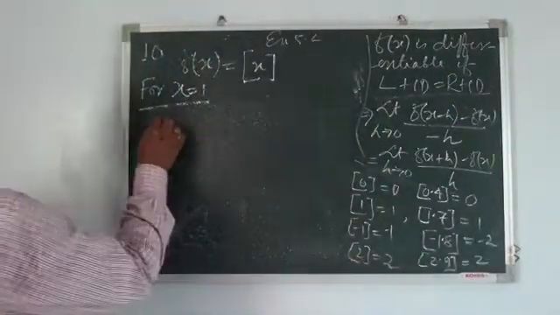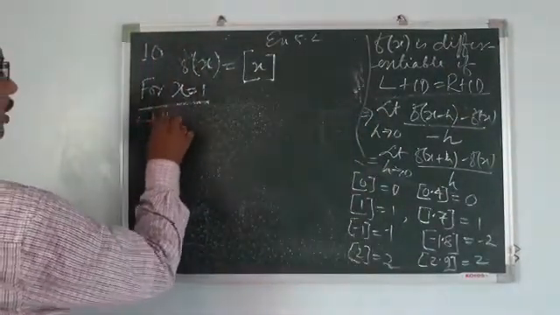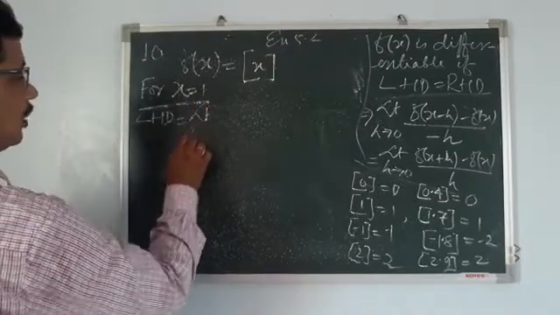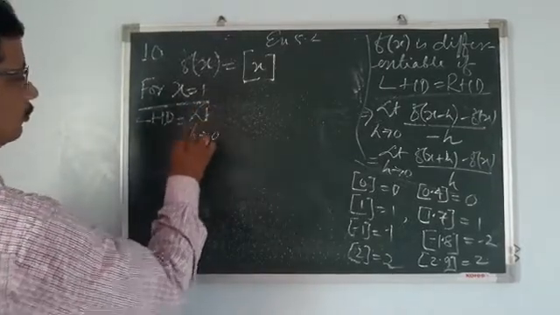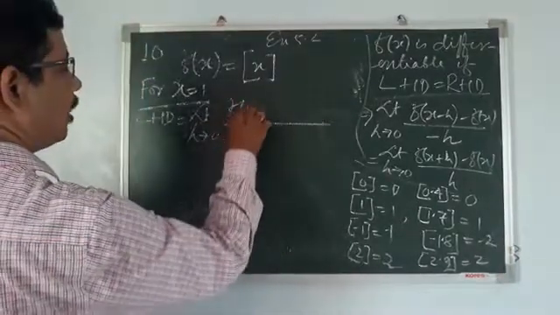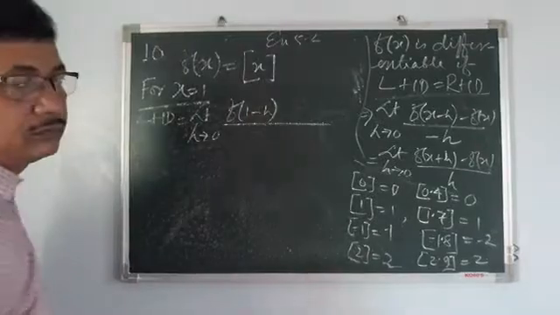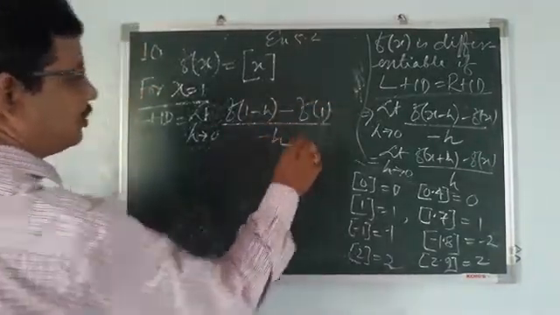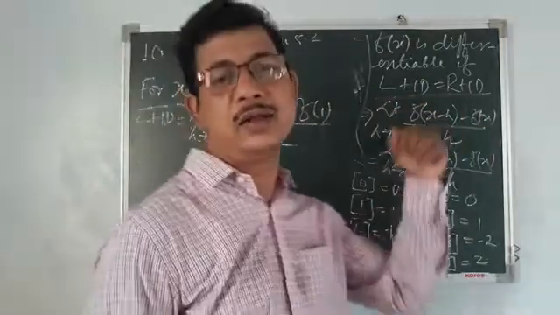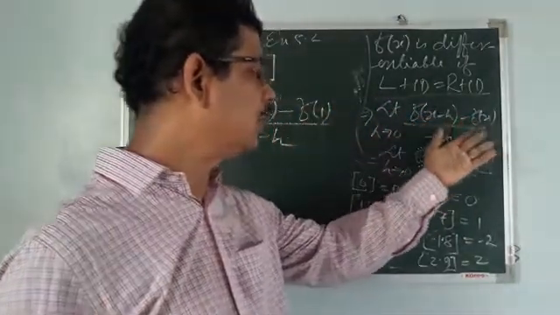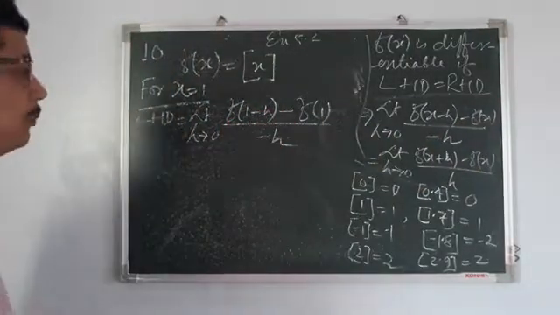Now LHD. For LHD we are going to find the limit as h tends to 0 of f(1 minus h) minus f(1), divided by minus h, with the formula I have written: f(x minus h) minus f(x) by minus h. x is 1 here.